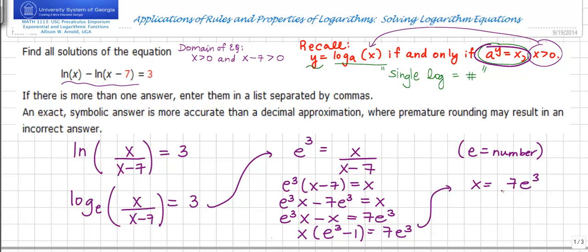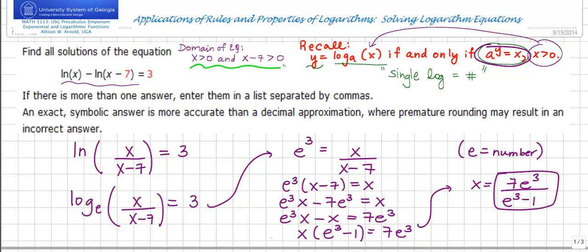Now, you don't want to assume that this is your answer. You want to check it against the problem's domain. So is this a positive number? Well, e is 2.71828, so e cubed is definitely bigger than 1, so you have a positive number for sure.